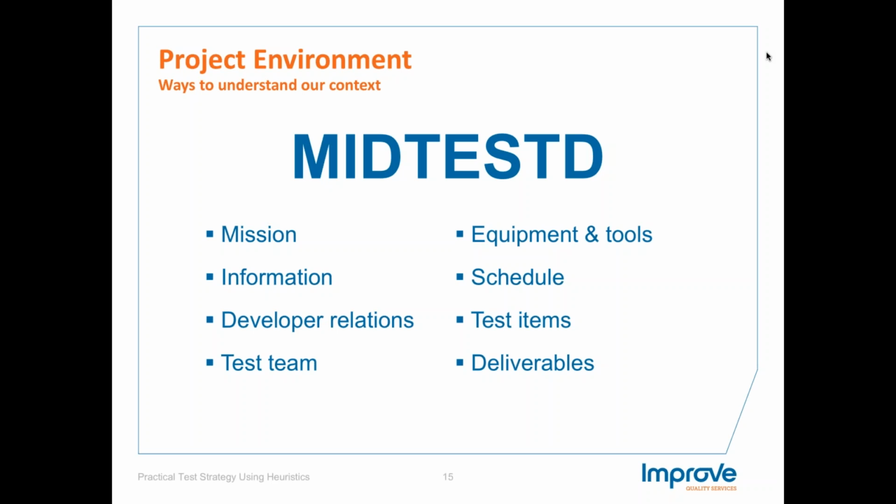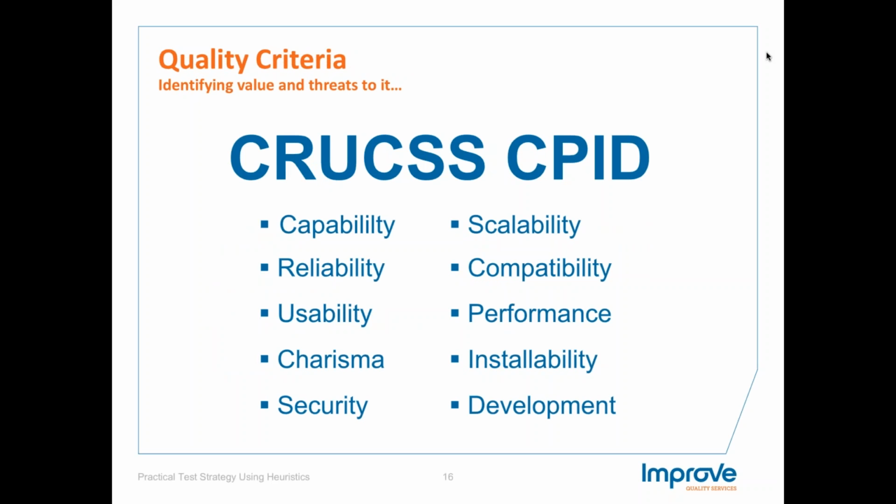Then we have, on the left side, we use these guide words. Again, there are probably a lot of different lists of it, based on what's important for my stakeholders. Obviously capability, functionality, stuff like that, but what about reliability or usability or charisma of the product you're using?